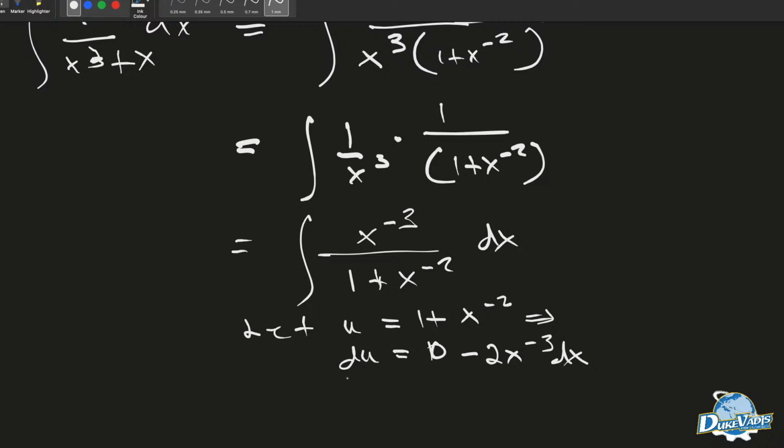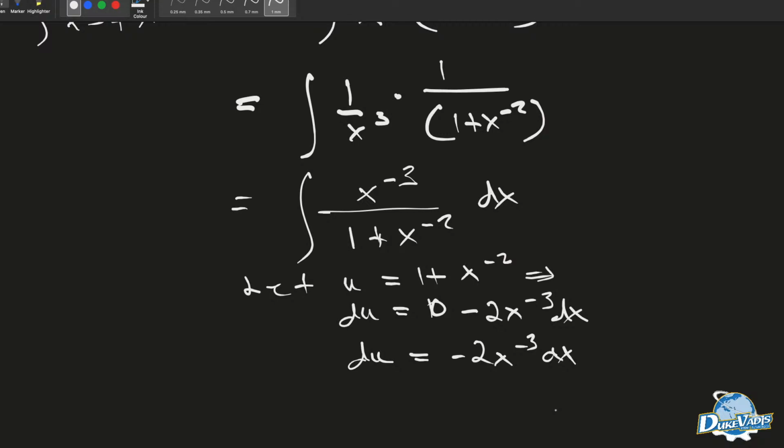So 0 minus that, we get du is equal to negative 2x to the power negative 3 dx. Beautiful. Why don't we make dx the subject so that we can substitute back into the equation? So we say du over negative 2x cubed is equal to dx.